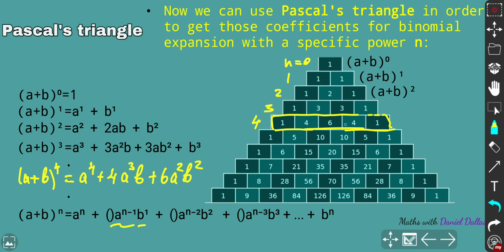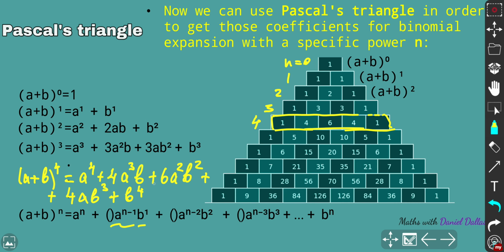And again 4, so on top of that we add 4 times a, the power is still decreasing, so a to the power 1, which I'm not going to write, and b is still rising, so b is cubed. The last coefficient 1 is the coefficient before the last term, which is b to the power 4.